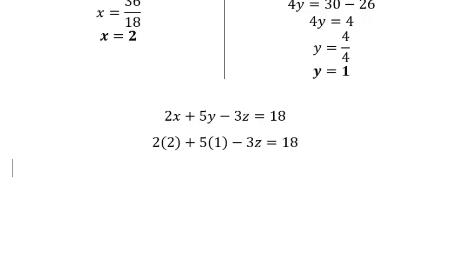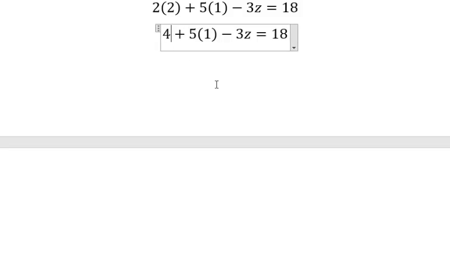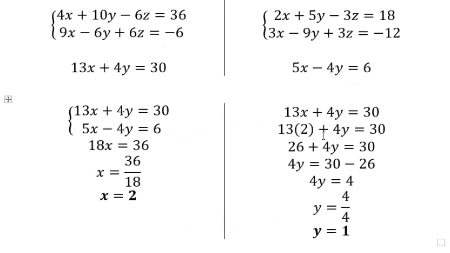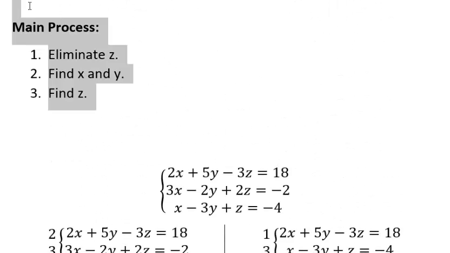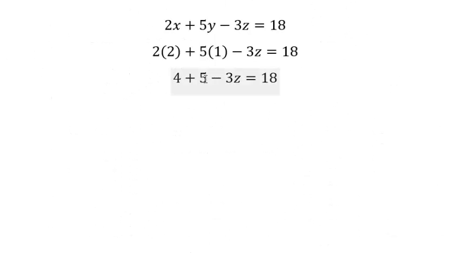So I can multiply 2 times 2, that's going to give me 4. Yes. And I could multiply 5 times 1, that's going to give me 5. And 4 plus 5, that's going to give me 9.